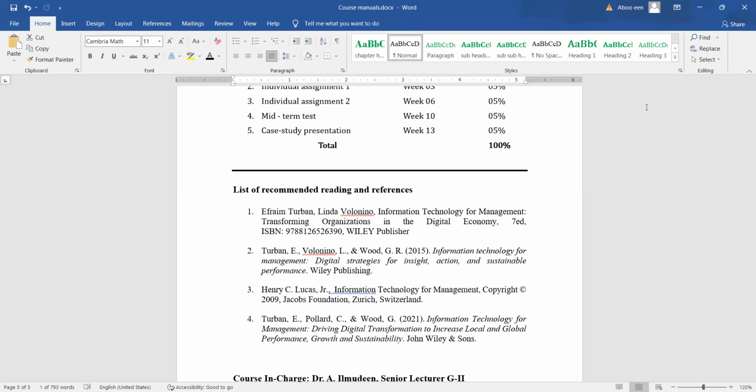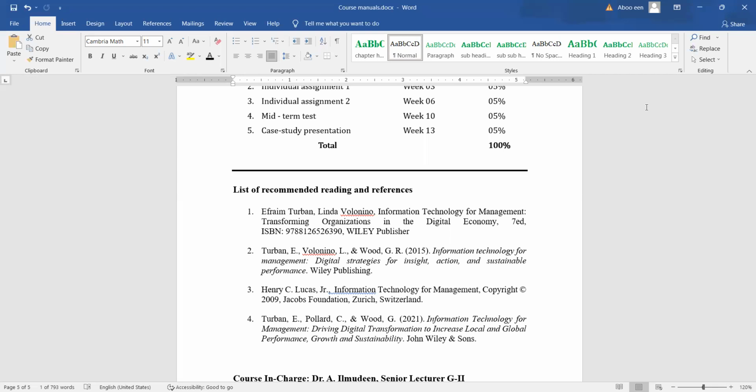And the third one is Information Technology for Management by Henry Lucas. And the last one is Information Technology for Management, Driving Digital Transformation to Increase Local and Global Performance, Growth and Sustainability.